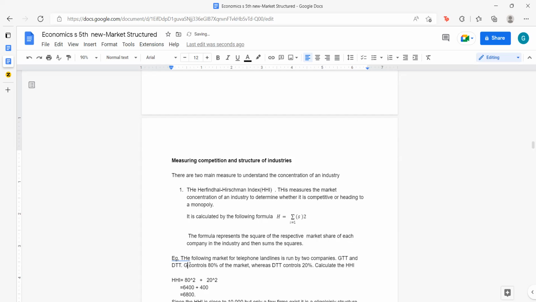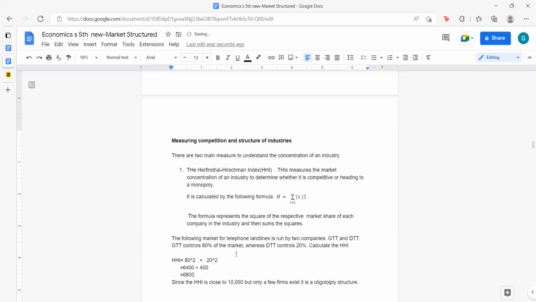What would happen if we were to calculate the Herfindahl-Hirschman Index, the HHI, for this industry? Again, as I said, it's easy. 80 is the market share of one, we square it. 20 is the market share of the other, we square it. We get 6,400 plus 400, and we get 6,800.